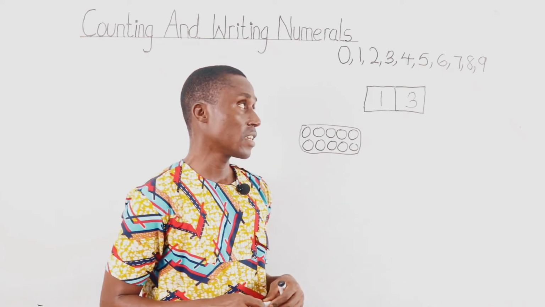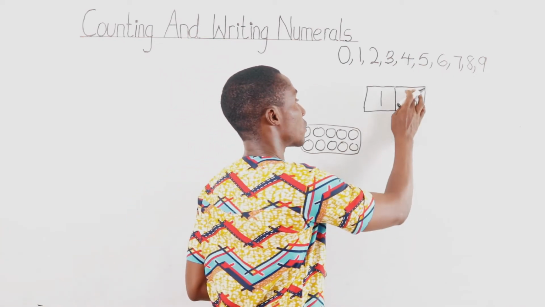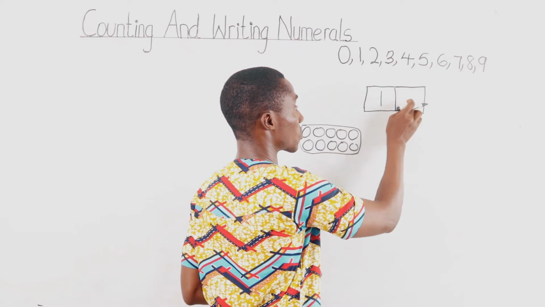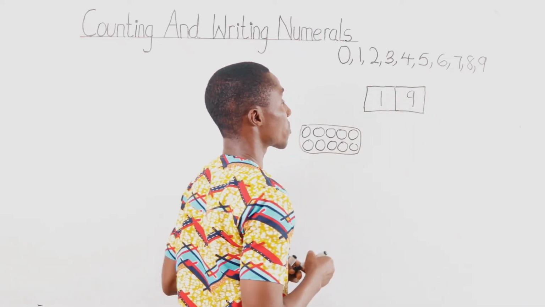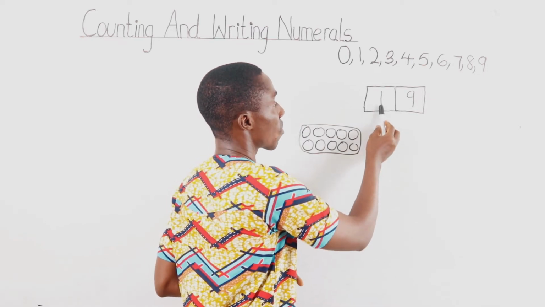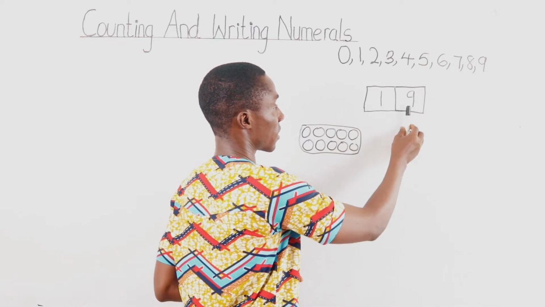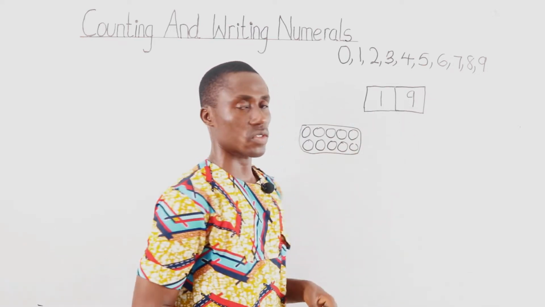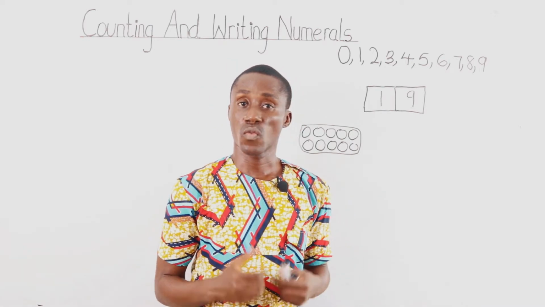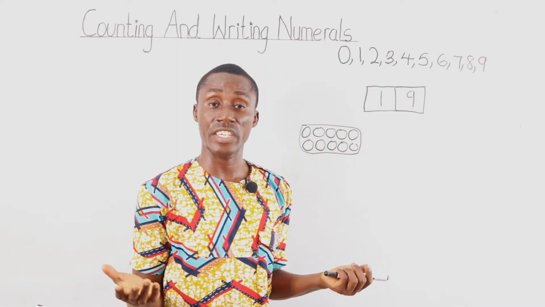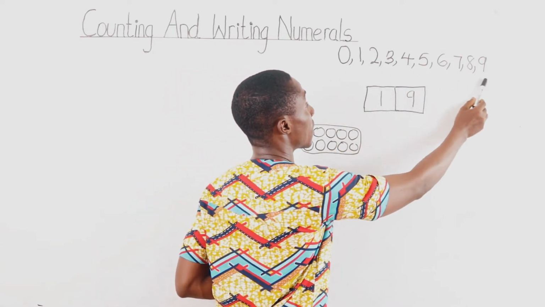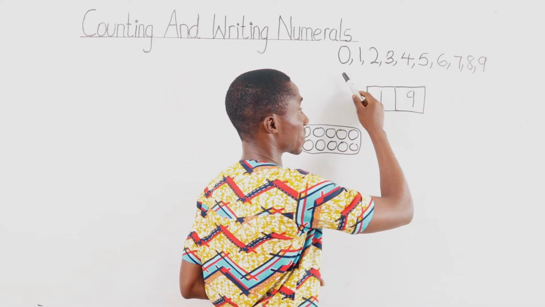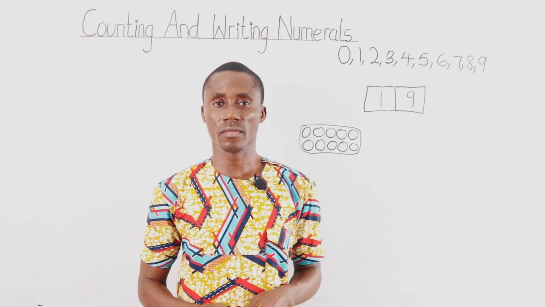Well, let's imagine that we have kept adding one orange after the other until we now have 19 oranges, okay? And that means the first number place will contain the digit 9, and therefore we are going to have 1 ten and 9 ones. We have gotten to that stage again where we have finished using all the digits that we have.